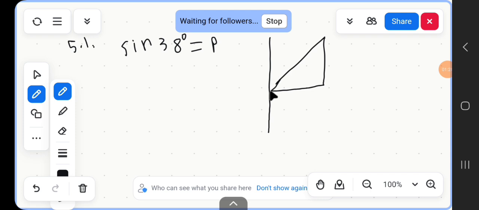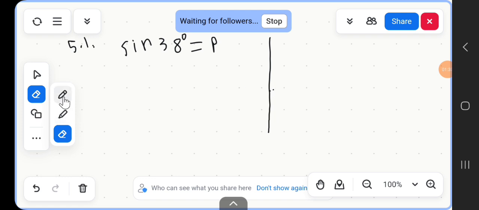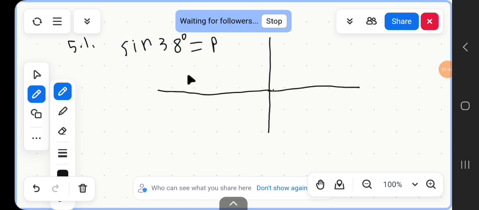Because they didn't give us a restriction. If they don't say it must be between 90 and 360, you just draw your Cartesian plane exactly as it is, and your triangle always goes in the first quadrant.